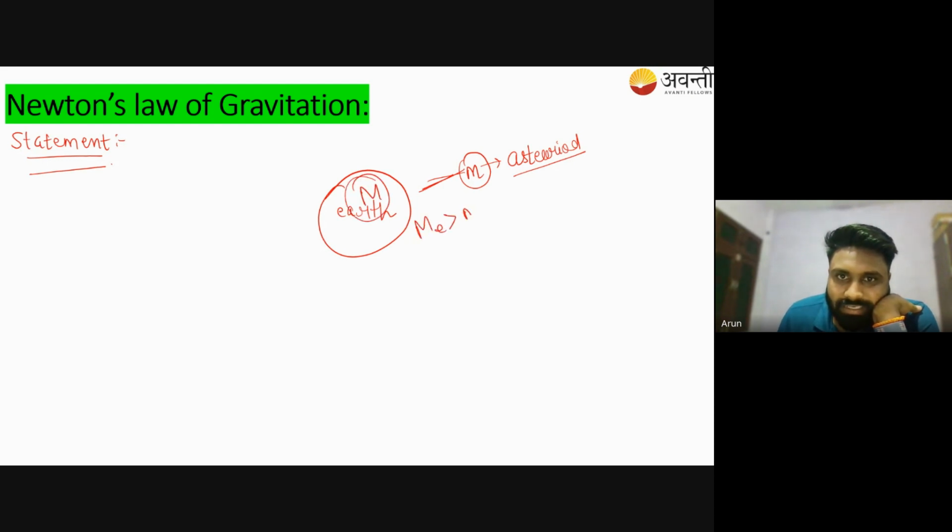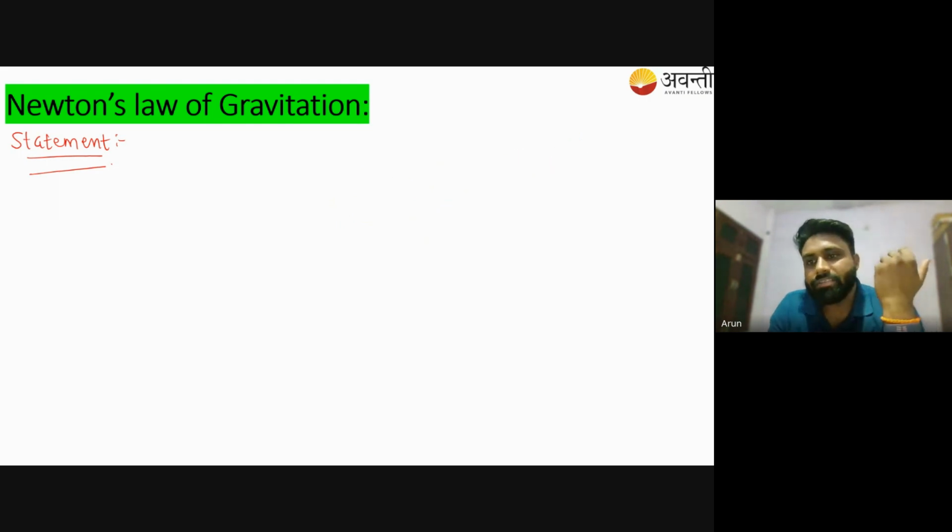The mass of Earth is greater than the mass of the asteroid, so it is pulled by Earth, although it is also pulling the Earth. The tendency is there, but since the Earth has a greater amount of mass, the asteroid will be attracted towards the Earth. Got it? Means each and every particle is trying to pull another mass.